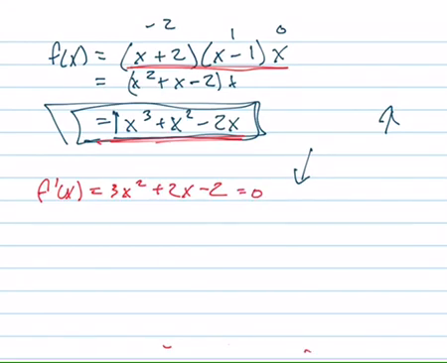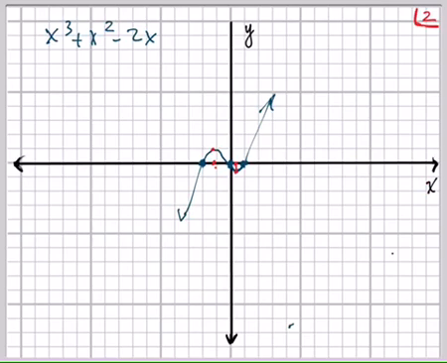Because when I set that equal to 0, I'm finding the max and min points of f of x. Here's a relative max, and here's a relative min for that blue f of x graph.